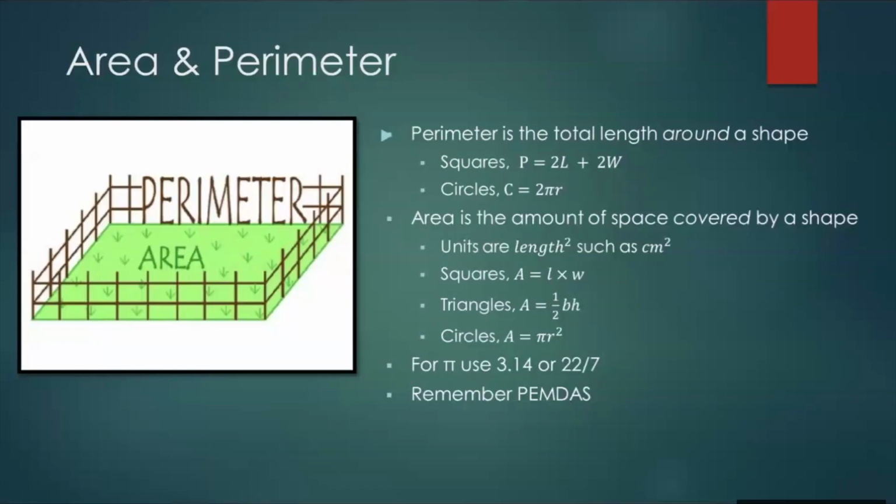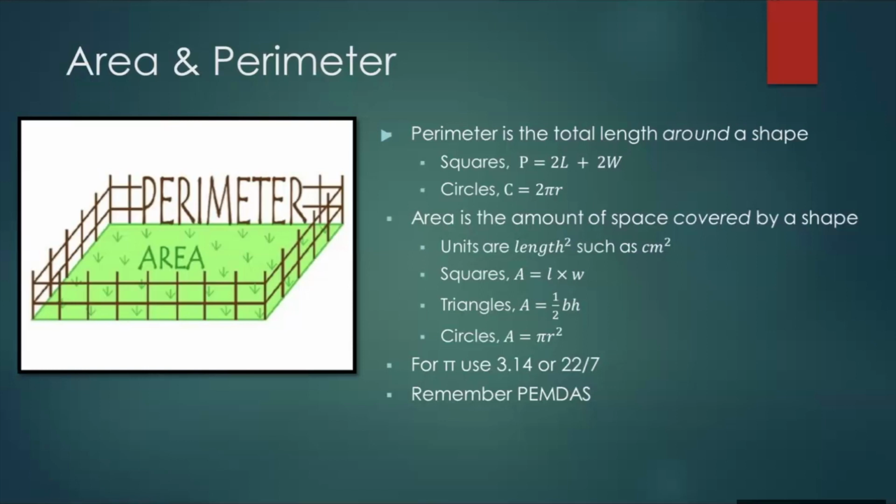So for squares, our perimeter equation is perimeter equals 2 times our length plus 2 times our width. So we would just take our length multiplied by 2 and add 2 multiplied by our width, and we get our perimeter. You can also just add up the 4 sides of the square. That works as well.